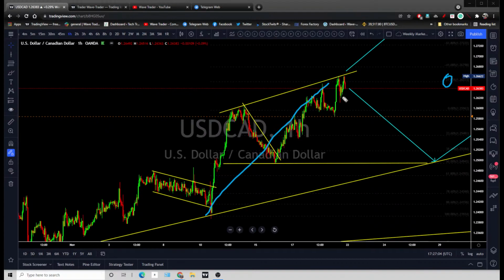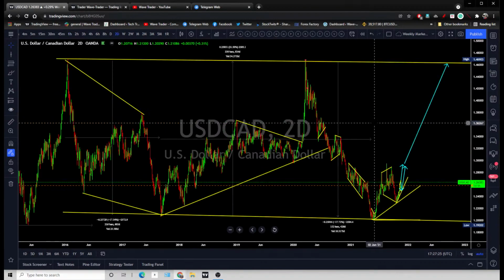You can only expect dollar CAD to do something unexpected. What is unexpected? The unexpected is that dollar CAD drops very aggressively to the downside and continues its longer term drop. How is that going to happen?